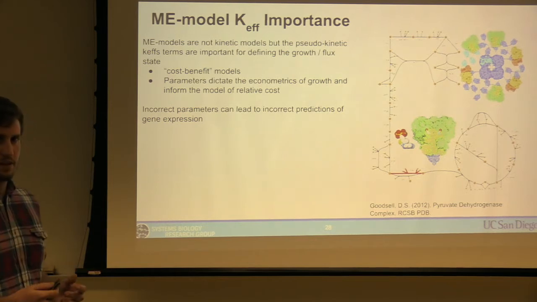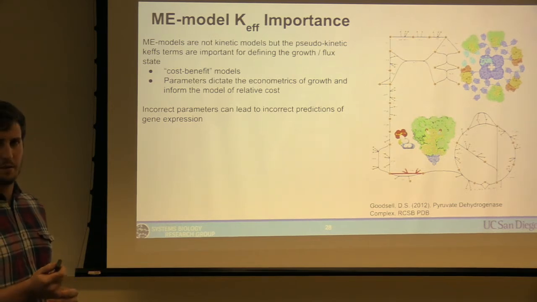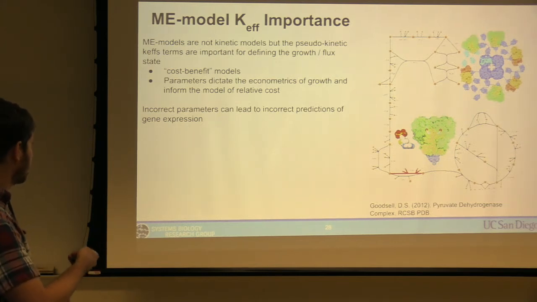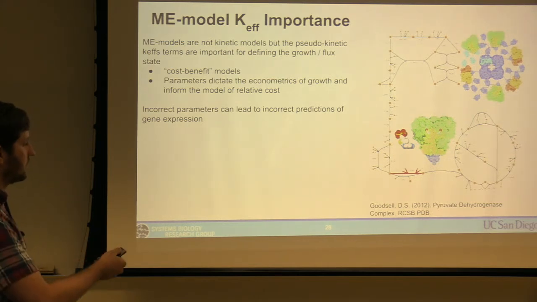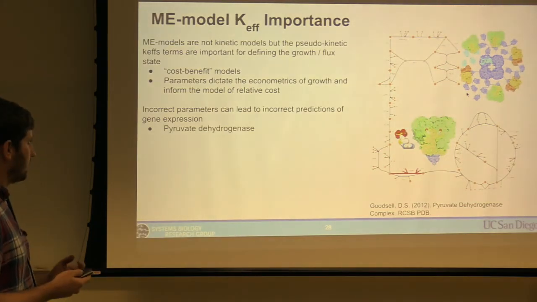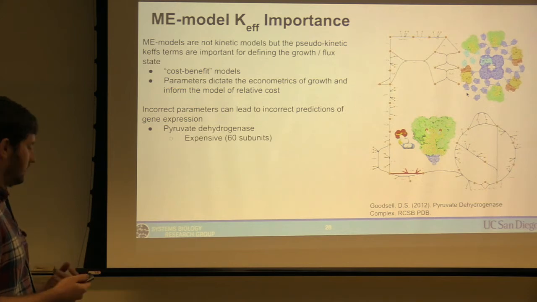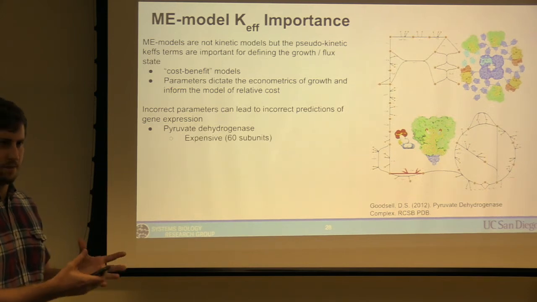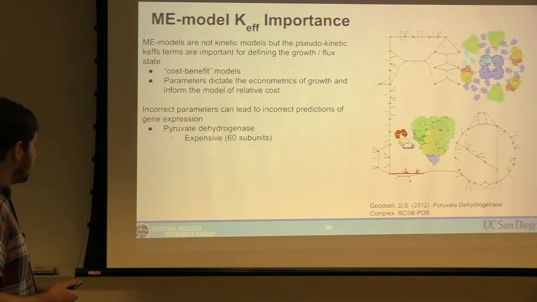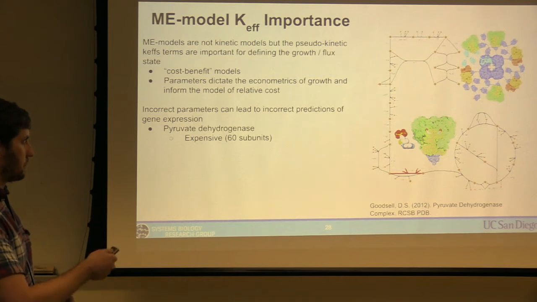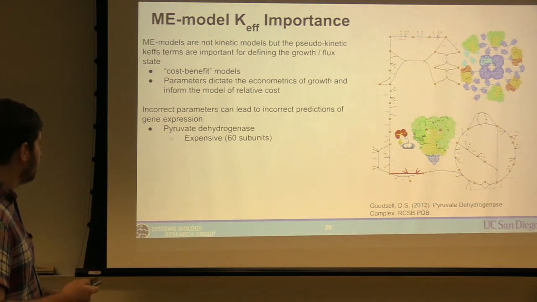As a result of these kinetic terms, incorrect parameterization or incorrect K-effective values can lead to incorrect predictions of gene expression. If we go back to this PDH example, this protein is very expensive. It's one of the most expensive proteins in the model, about 60 subunits. So that's a lot of reactions that have to be active at very high rates for this protein to be expressed at all.